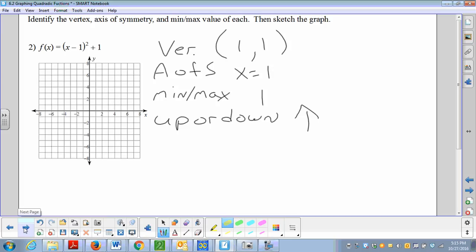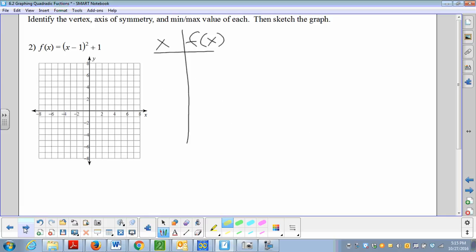Okay, so next thing we're going to do is start with our t-chart, and we want to find our vertex. Our vertex is going to be 1, 1. So to graph, we want to plot 2 points up and 2 points down.